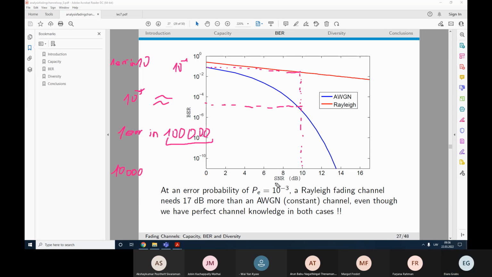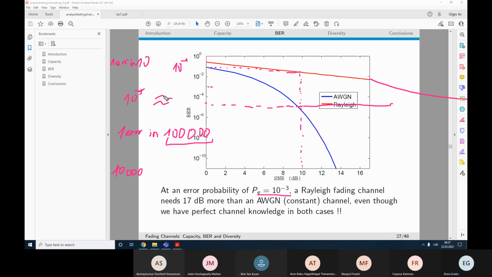As you can see, it's quite difficult to get this error probability for a Rayleigh channel. We need a much higher SNR, which has been calculated, sorry, it was calculated for an error probability of 10 to the minus 3.